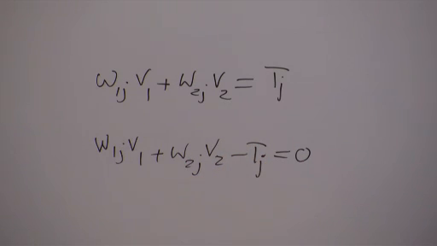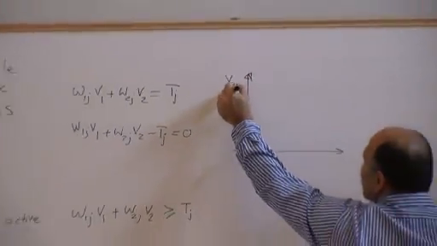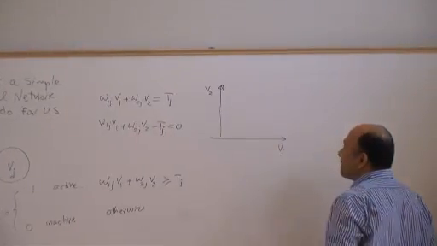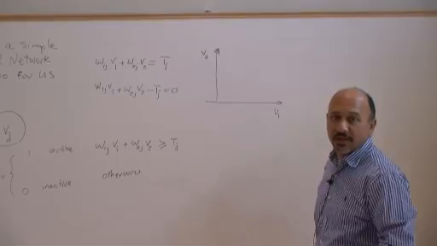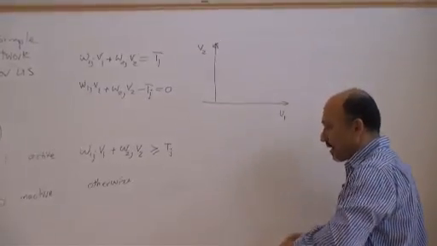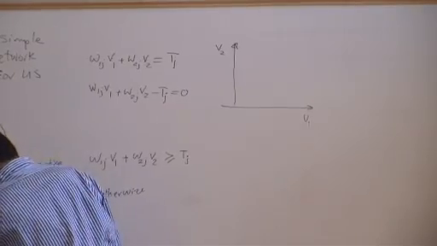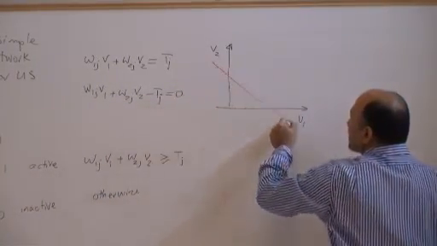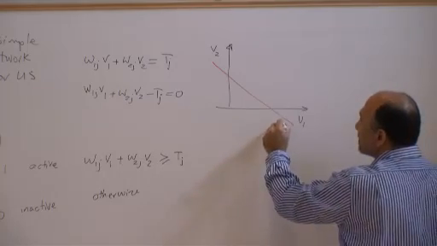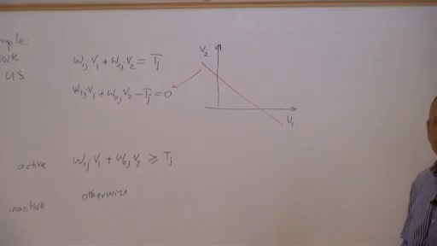Now, if you look at this in the space of the input, which is V2 versus V1, we can see this is just the equation of a simple line. So this line is described by this simple equation.